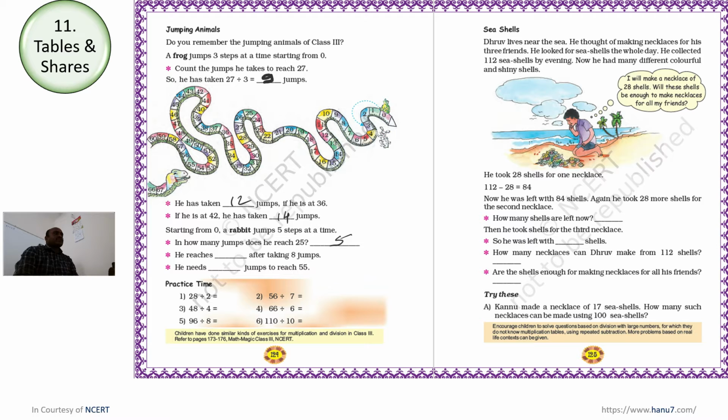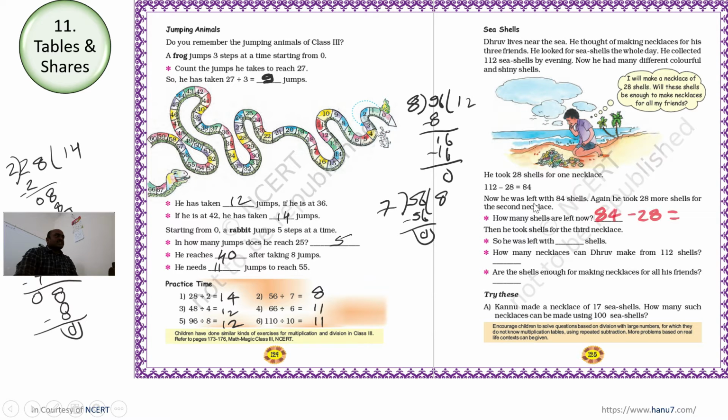From the repeated subtraction process, if you calculate, you will get 112 minus 28 is equal to 84 in the first iteration. Then 84 minus 28, where 28 is the number of shells he wants for one necklace.